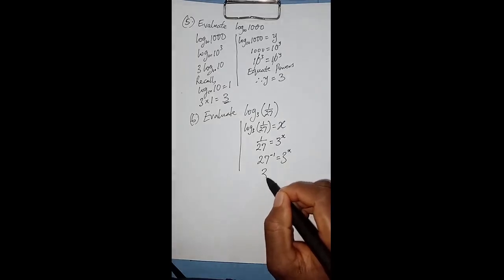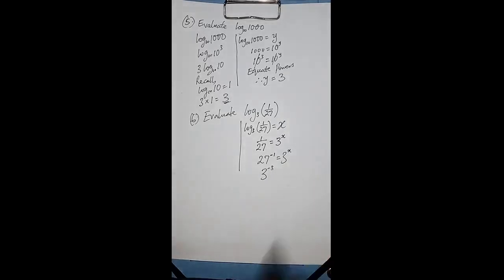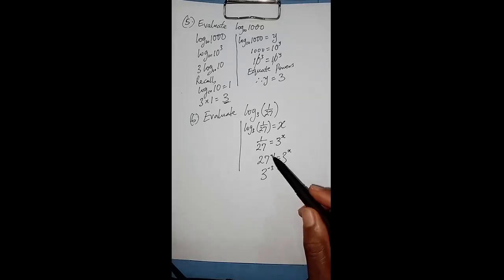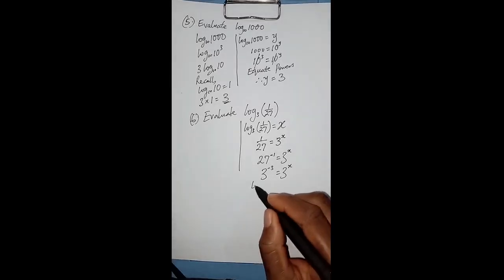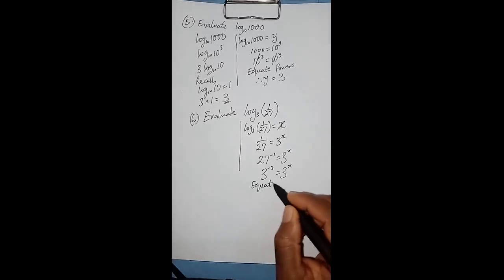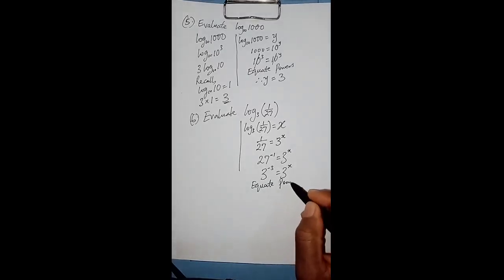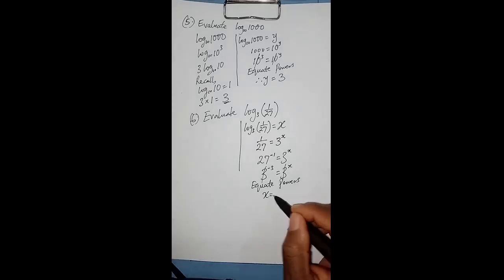This is 3 raised to power minus 3, because 3 times 3 times 3 will give you 27. And because of this inverse, you put a minus there, equals 3 raised to power x. The bases are the same, so as usual, you equate powers.